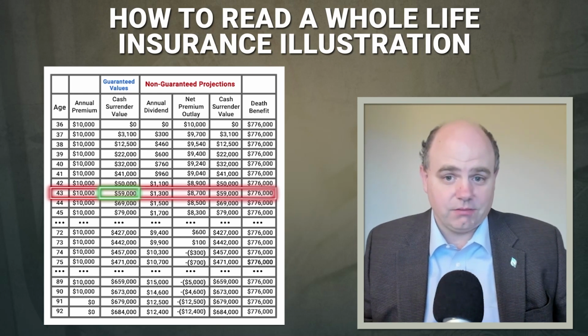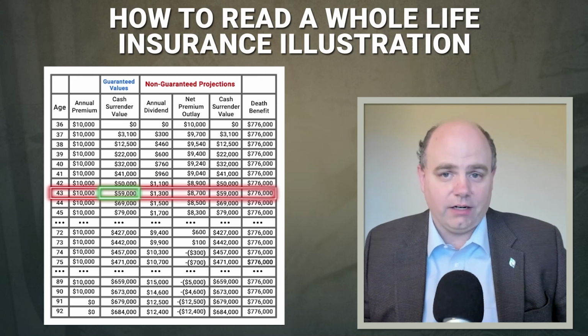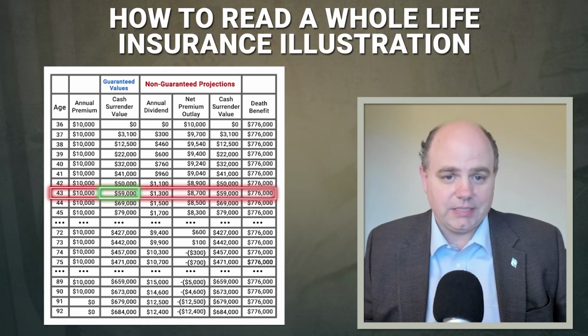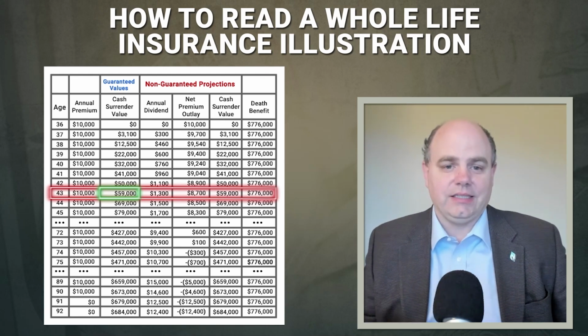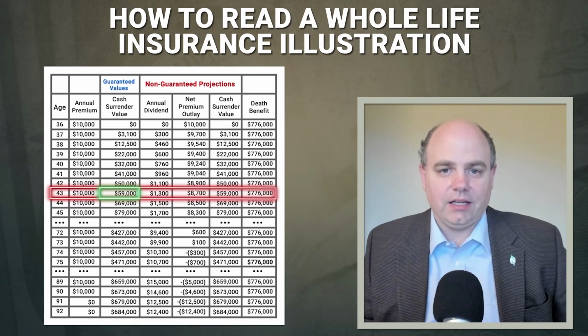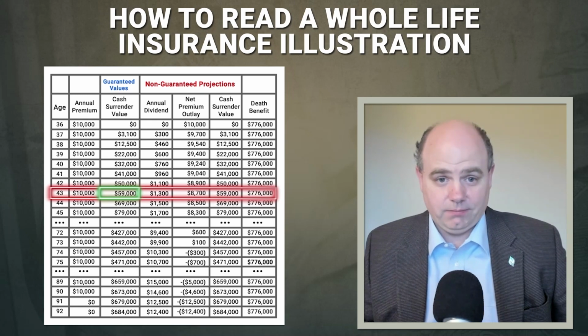Now, in practice, the cash surrender value could be higher, and we'll talk about that later. But I'm saying what it means to say this is guaranteed, it's saying the cash surrender value is going to be at least $59,000 at that point.